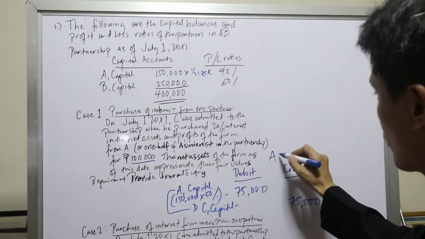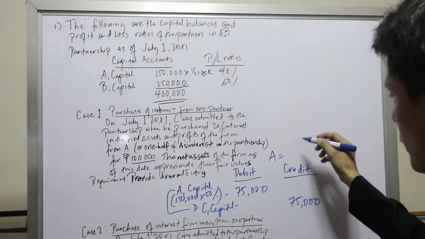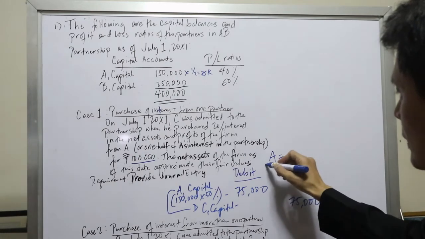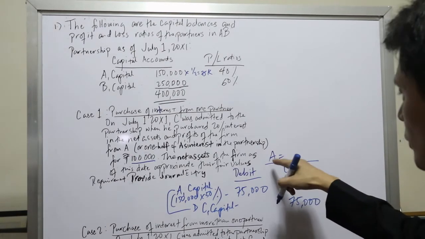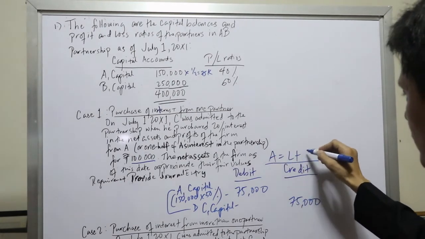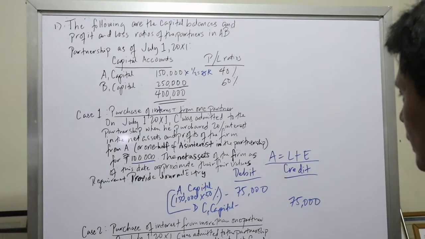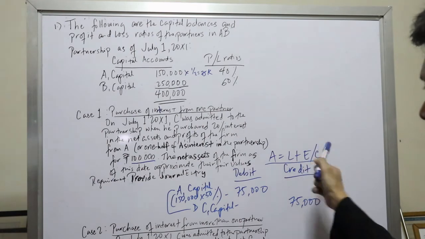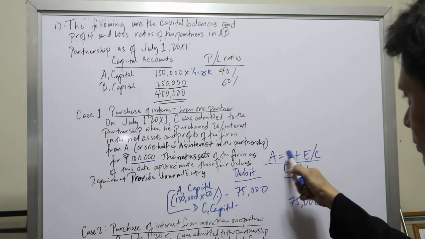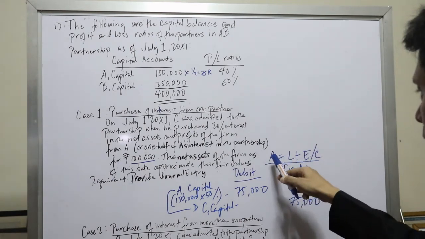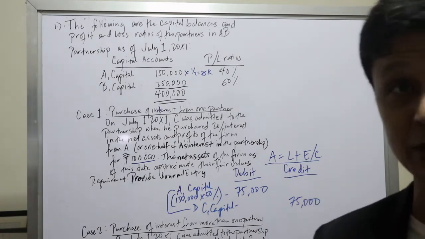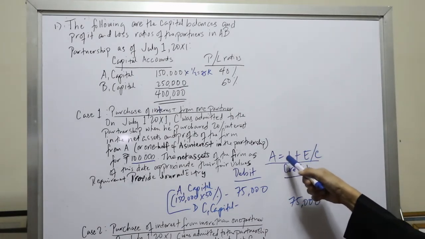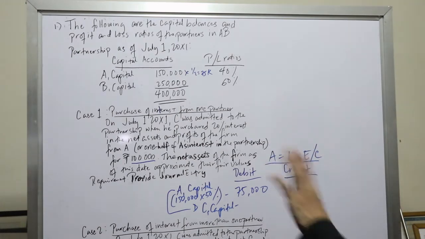Because the normal balance of capital is found on the right side. If this is the accounting equation, A equals L plus E, equity or capital. Alec, actually, that's the name of my son. So A, assets, is on the left side.